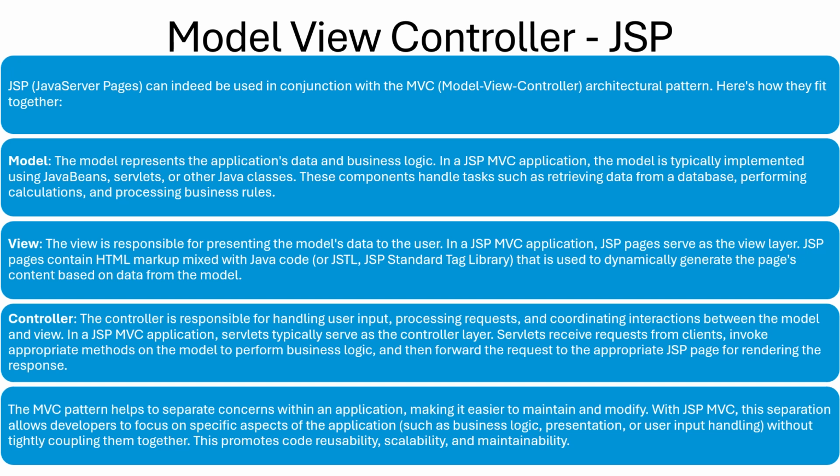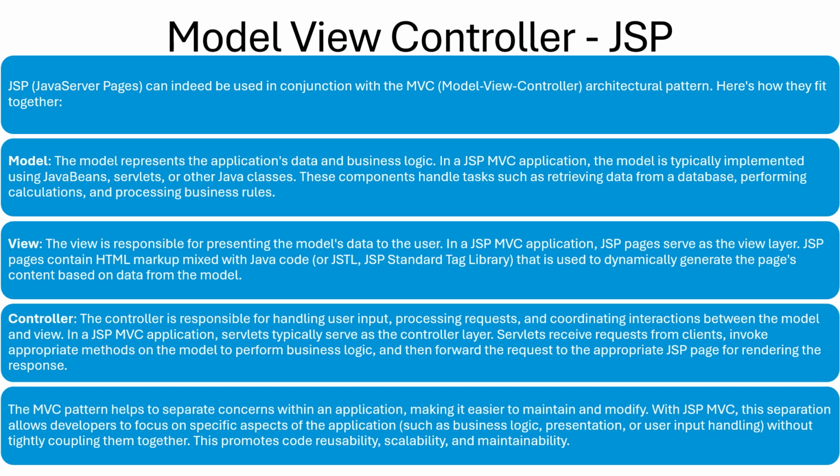The model view controller pattern is a very interesting pattern, used quite often in web applications to separate the concerns within the application, making it easier to maintain and modify. So you separate the model and view. The logic which calculates things is separated from the view.